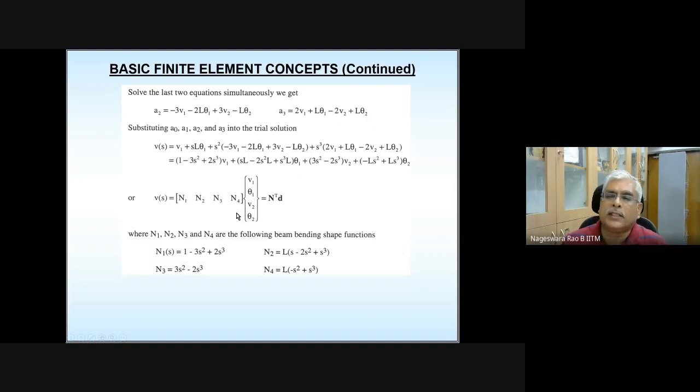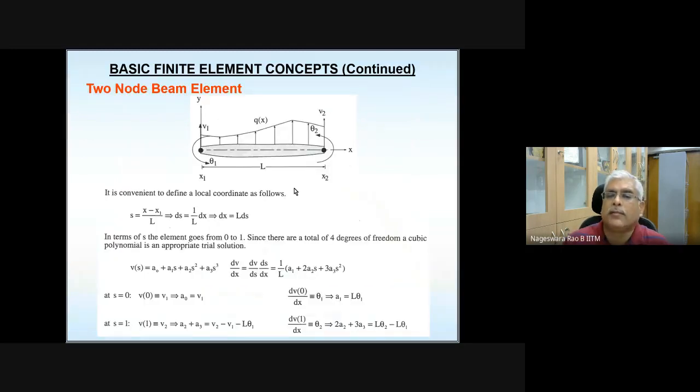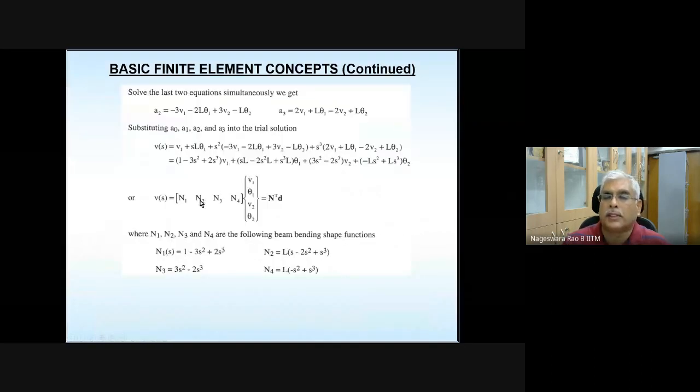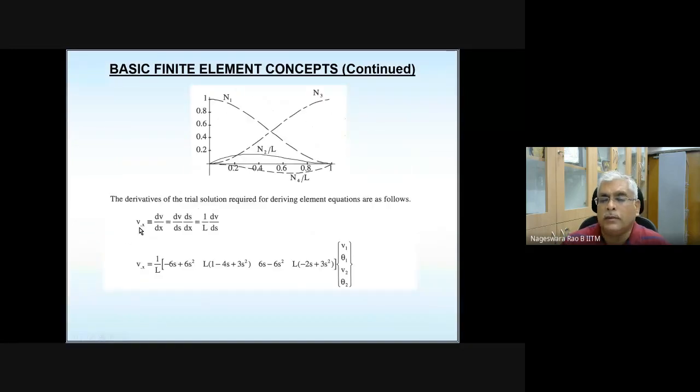So that means if your transverse displacement over the element is up to cubic, this two-node beam element should be able to capture it. And what about rotations?